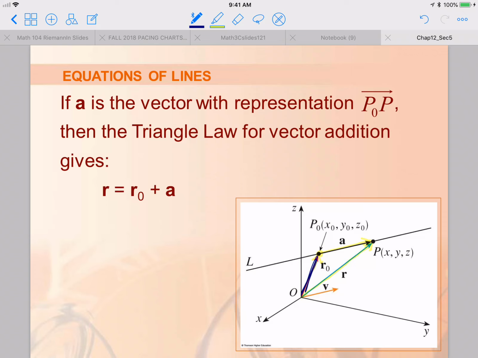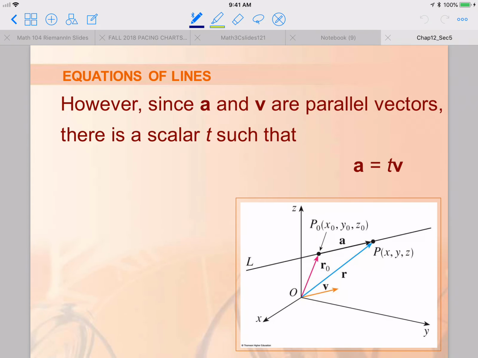So r naught plus a gives us r. That means that for every point P that's on the line, its position vector r satisfies r equals r naught plus a. But now, since a and v are parallel vectors, remember we said that v is a vector that is parallel to the line that we're trying to describe. So there's v and there's L.